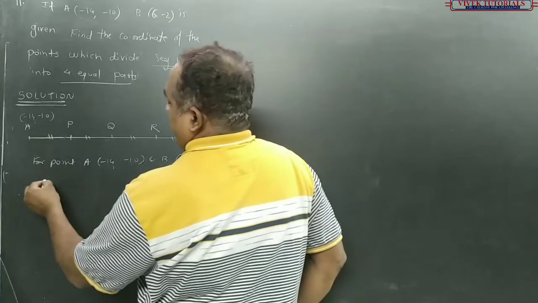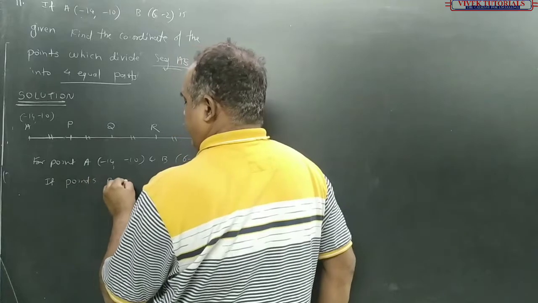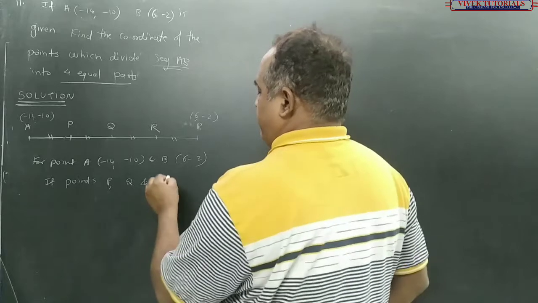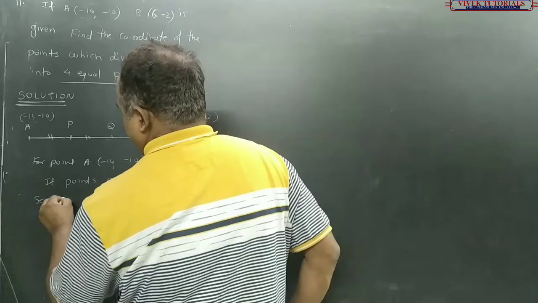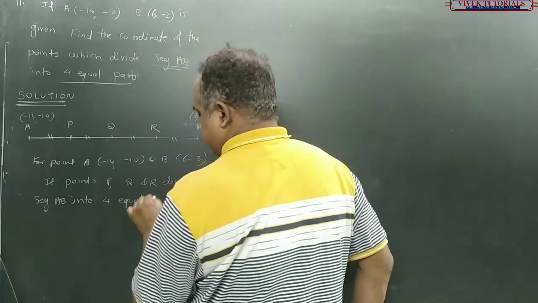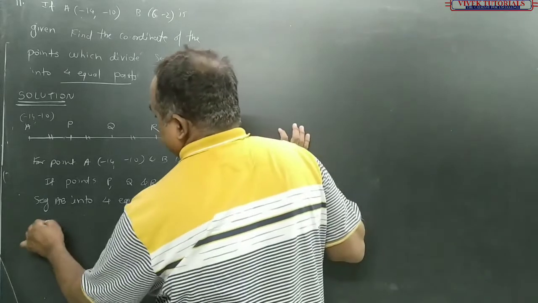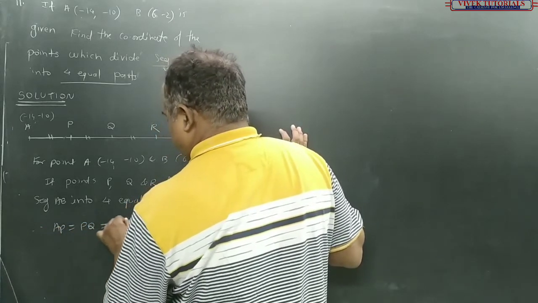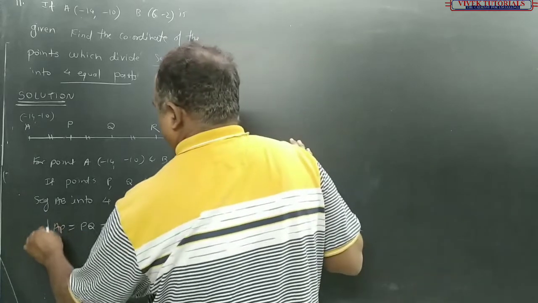Okay, then if points P, Q and R divide segment AB into 4 equal parts, therefore what I can write is AP is equal to PQ is equal to QR is equal to RB, equation 1.